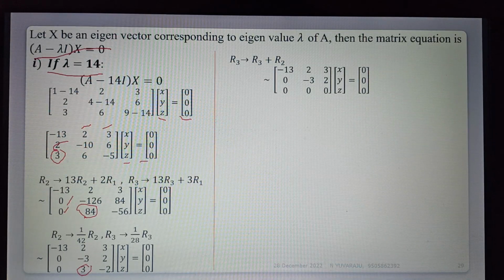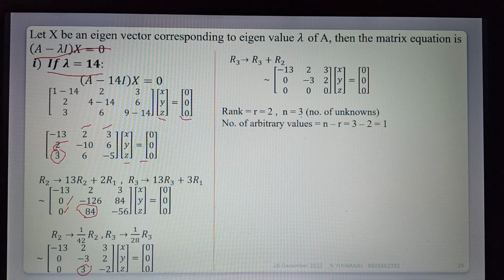So that is [minus 13, 2, 3; 0, minus 3, 2; 0, 0, 0]. Now this is row echelon form. So the rank is 2 and the number of unknowns is 3. The rank is less than 3, not equal, so the system has infinitely many solutions.